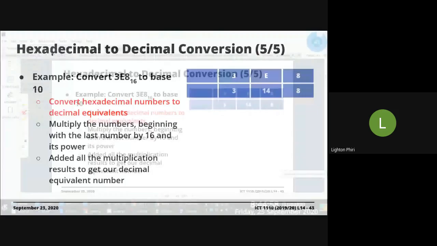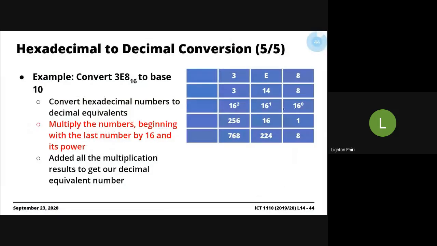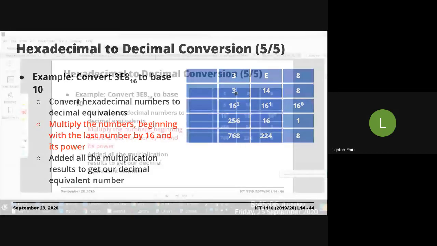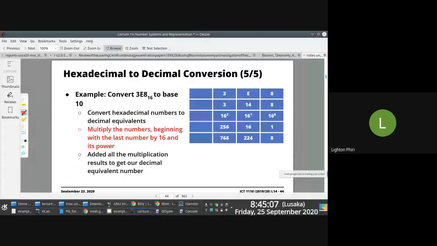So you get the symbols, and then you get the powers of 16, evaluate the powers of 16, and then multiply the derived decimal equivalents of the hex symbols with the evaluated powers of 16. 3 times 256, 14 times 16, 8 times 1.